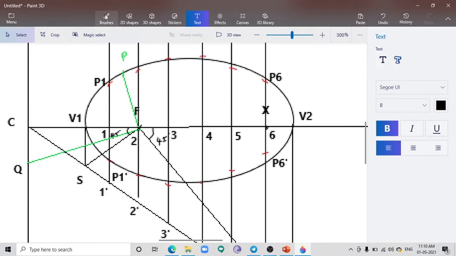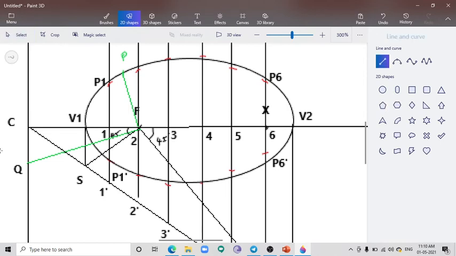Then we have to join the points Q and P so that we will get our required tangent.